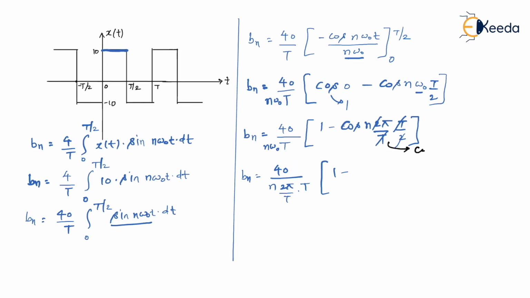After all those cancellations, it is cos of n pi. And we should know cos of n pi is minus 1 to the power n. So this is the result for cos n pi. Here T gets cancelled. And finally we have Bn equal to 20 upon n pi, in the bracket 1 minus minus of 1 to the power n.